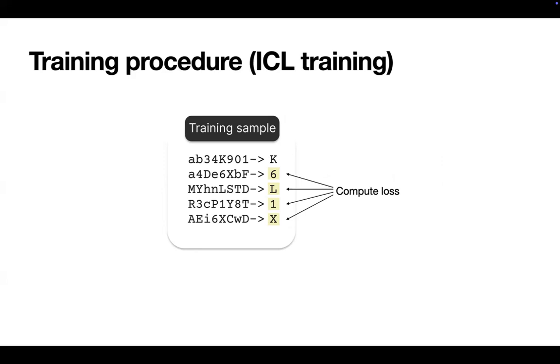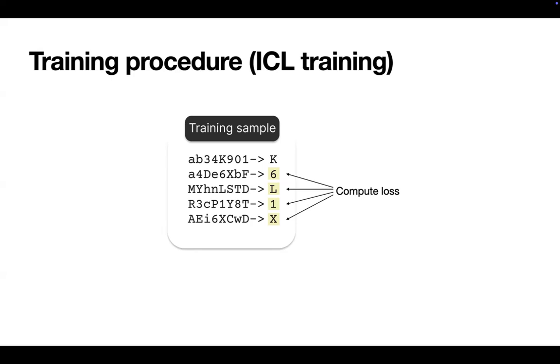And similarly, we calculate the loss at the later positions. We calculate the loss between the actual outputs of the model and the expected output, highlighted here. And this is how we train the model.